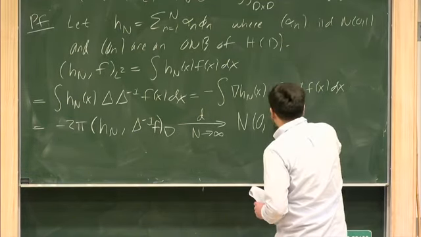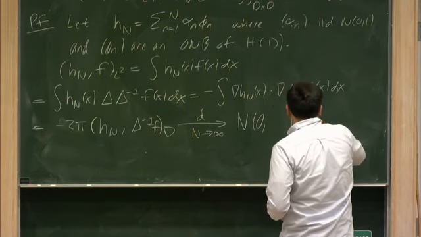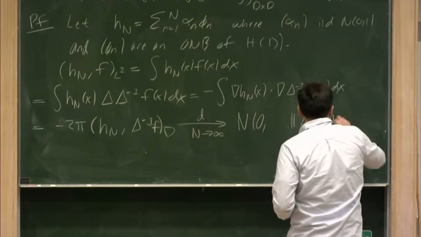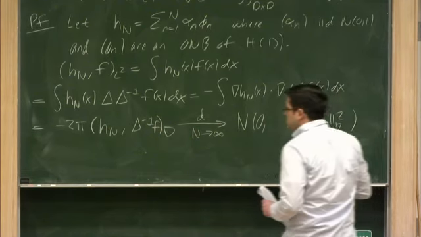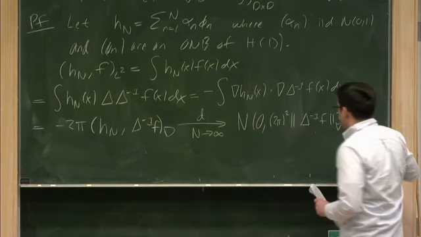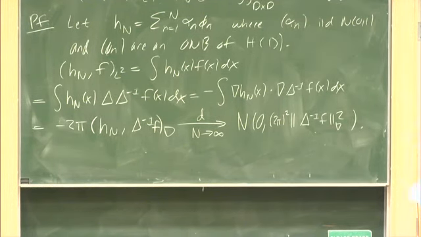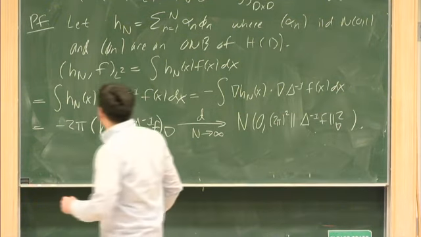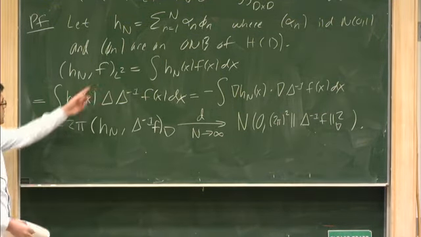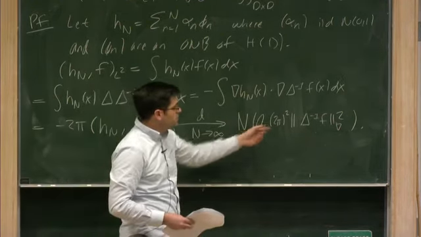From our formula from earlier, this is just going to be the norm of the inverse Laplacian of f times this factor, 2 pi squared. OK, so we've just gotten that if you integrate the Gaussian free field against a given test function, then it's a Gaussian random variable with mean 0 and this variance here.